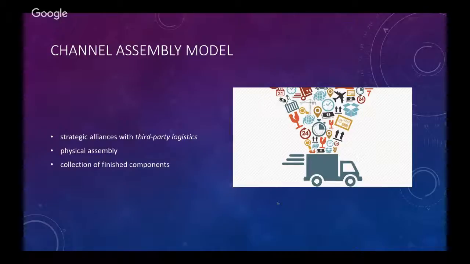This is accomplished through strategic alliances with third-party logistics firms. These firms sometimes perform physical assembly of a product at a 3PL facility or the collection of finished components for delivery to the consumer.